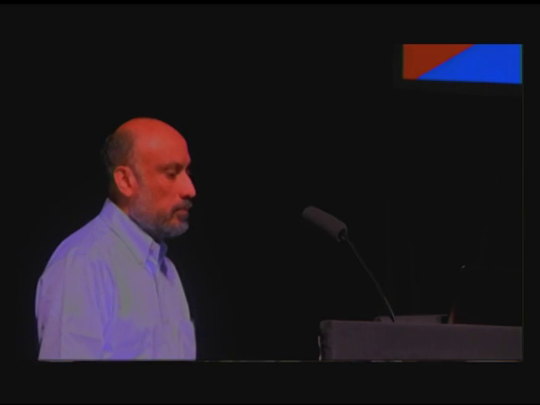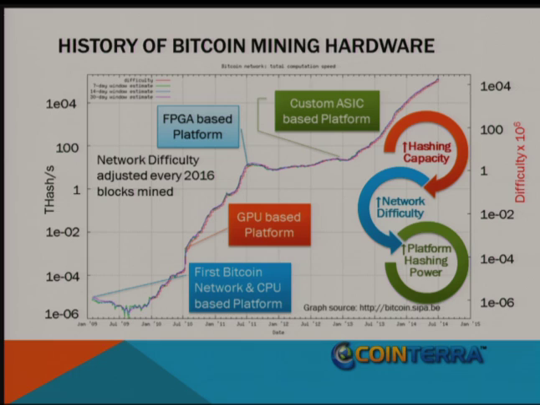So the graph here shows the hashing capacity on the Bitcoin network, which is shown on the left-hand side axis, and the difficulty on the right-hand axis. And you see there's almost 100% correlation between the capacity and the difficulty.